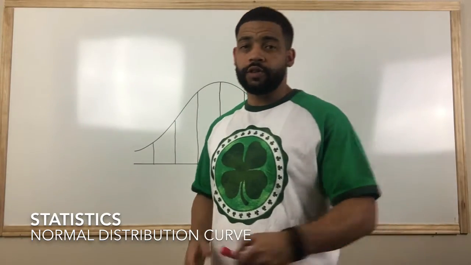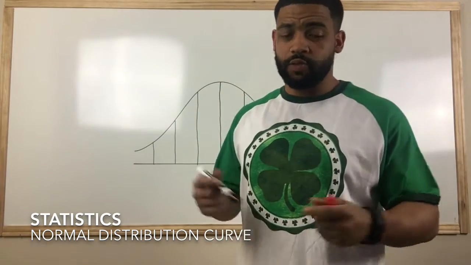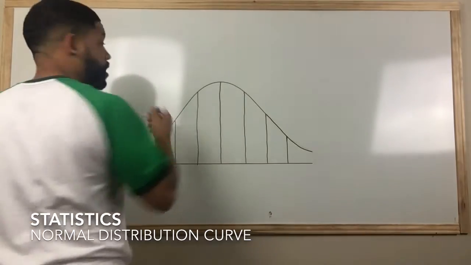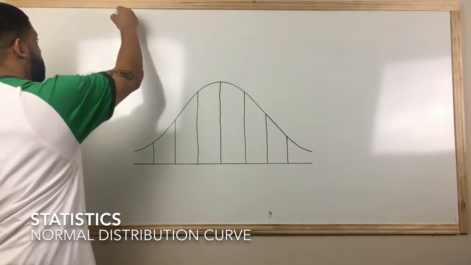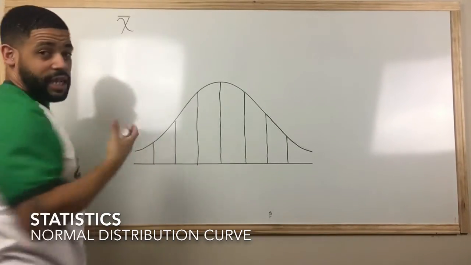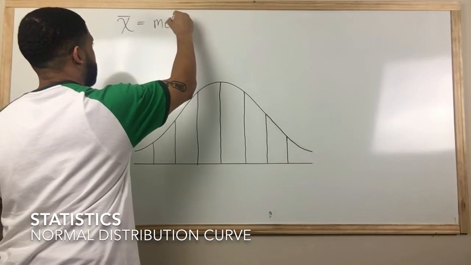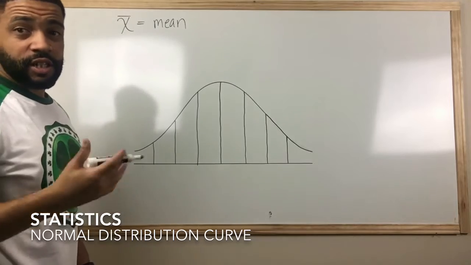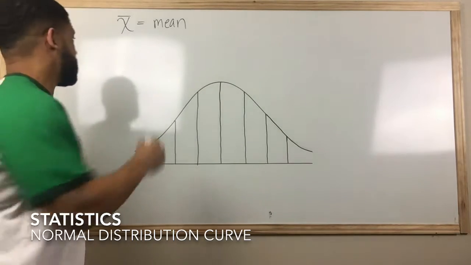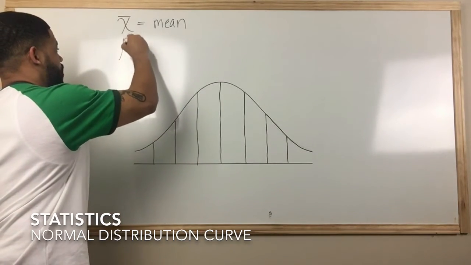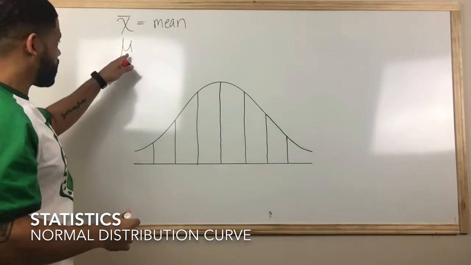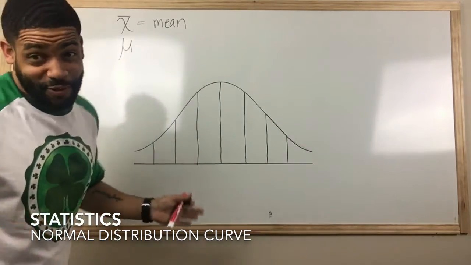So for starters, let's talk about a few basic things. We first must understand that in the normal distribution curve, when we see X bar, as we like to say, this represents the mean of the data set. Another way that you'll see the mean displayed is the Greek letter mu. It looks almost like an M, but that's the best mu that I can write for you.